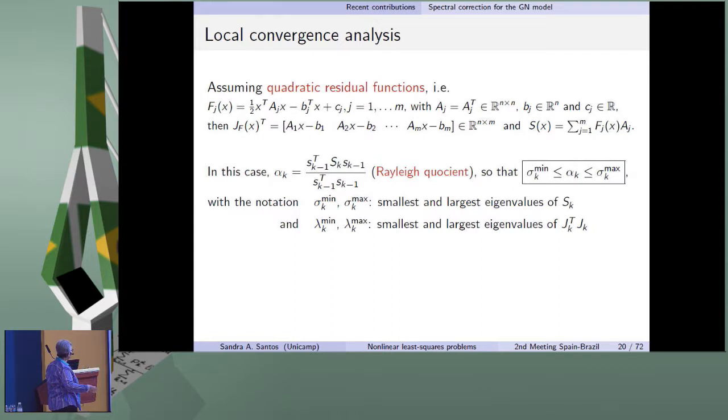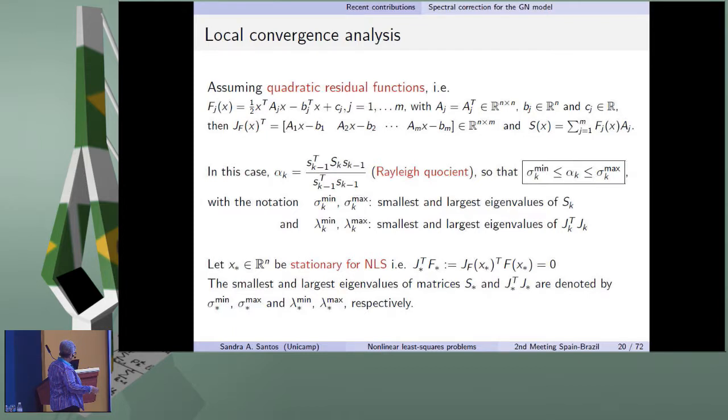And we'll denote these eigenvalues using sigma, and by lambda min and lambda max k, we'll denote the smallest and the largest eigenvalues of the Jacobian transpose the Jacobian. And use the same notation concerning this x star, that's going to be a stationary point of the problem, and we are going to use the star to denote the extreme eigenvalues for S and for J star transpose J star.